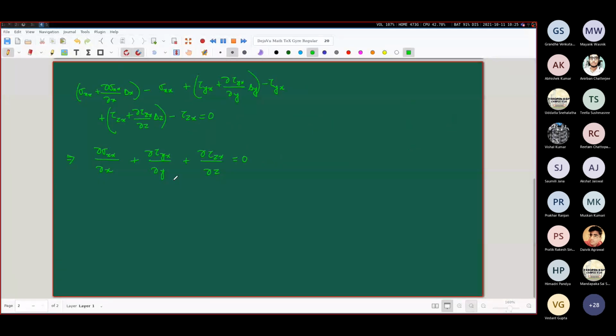So we have this one equation obtained from a force balance in the x direction.